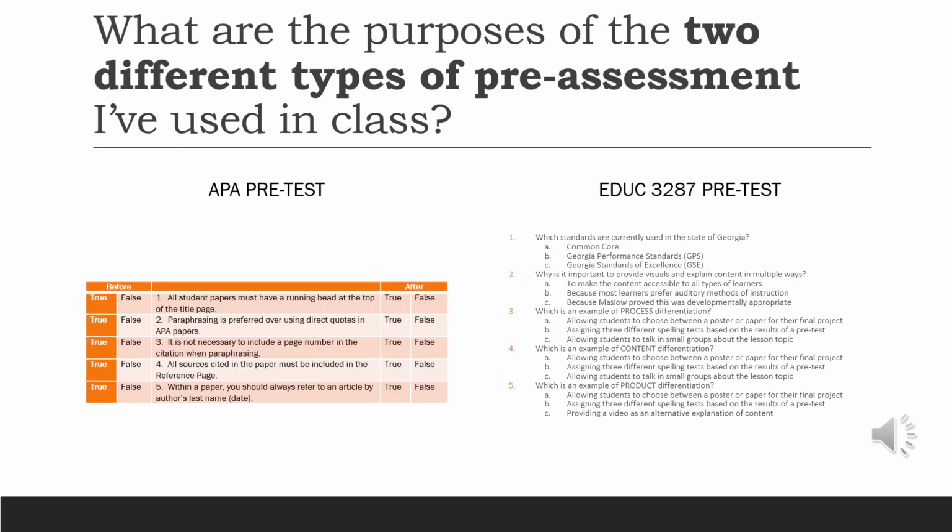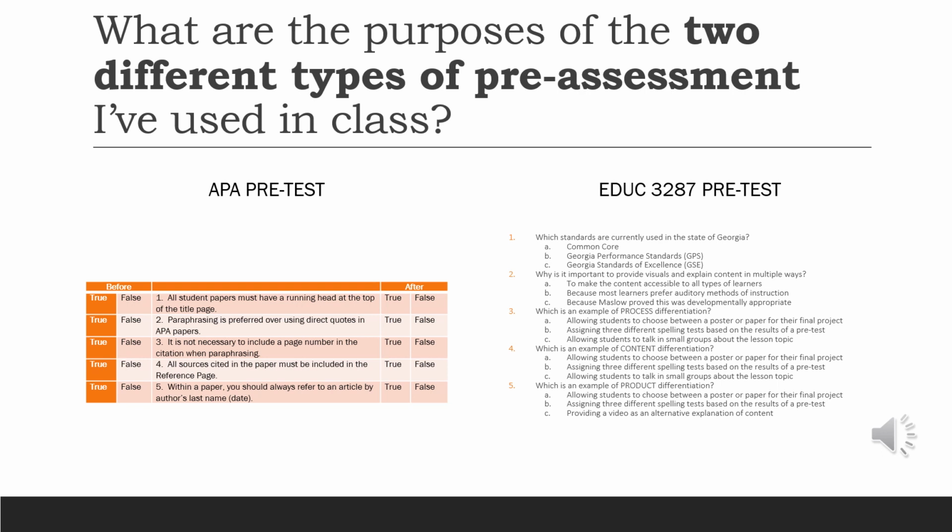I have used two different types of pre-assessments with you all, and I want to make sure that you understand the purposes because they're two very different purposes, but I find them both to be really, really useful. So, one example of a pre-test that you took was when I did the lesson on APA. I gave you a short little pre-test, and you've had this before where I ask you some questions before we go over it. You answer the questions before our discussion in class, and then you go back and make sure you have the correct answers afterward.